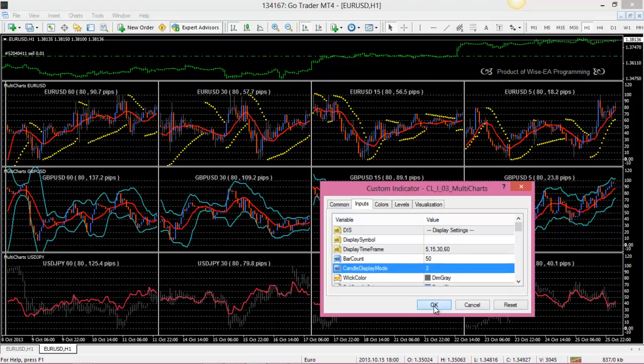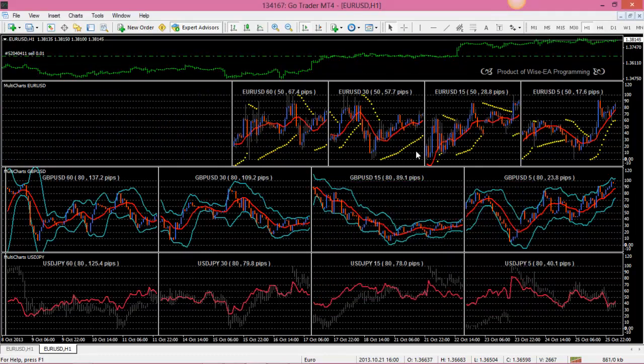If you want to display a certain number of bars, say 50, then for each time frame it will display 50 bars. You can see here, EURUSD, 60 means the time frame, 30 means the time frame. The first figure here shows how many bars you're displaying.